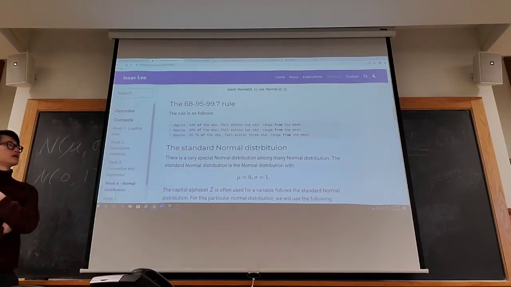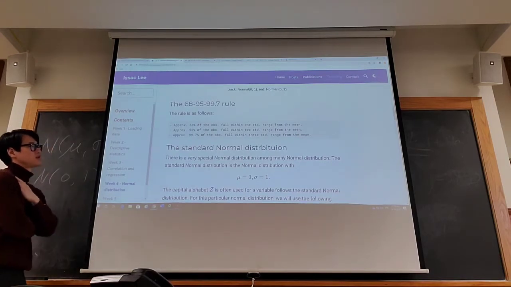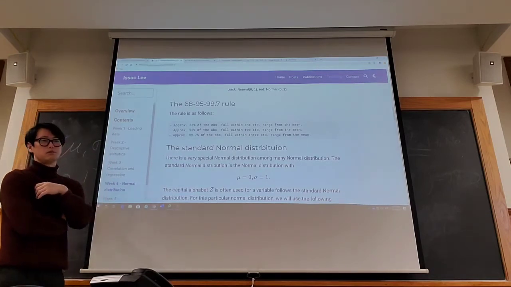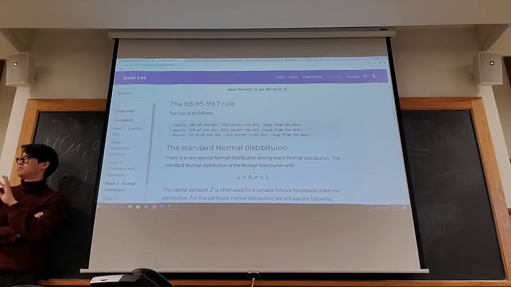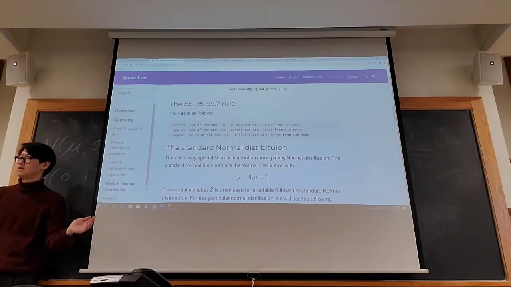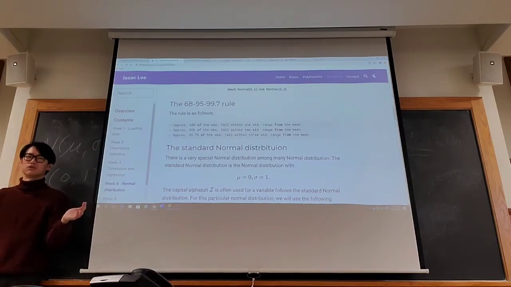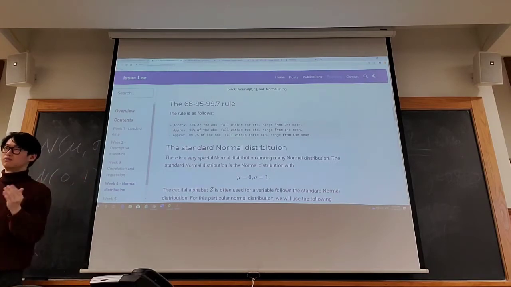The second one, 95% of your observations fall within 2 standard deviations from the mean. And then the last one is 99.7. When you see 99.7, it's like 100%, right? So it means that for any normal distribution, if you take the range of 3 standard deviations from the mean, then that range will capture almost all of your data.